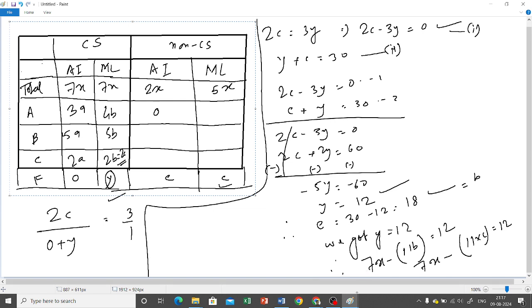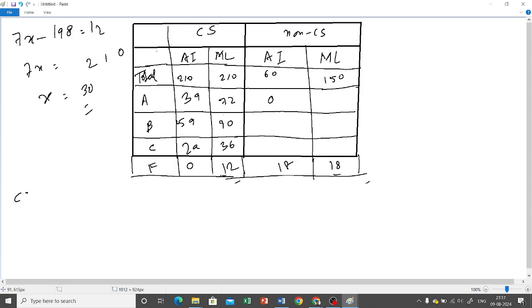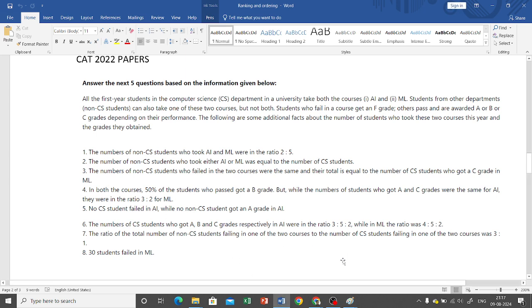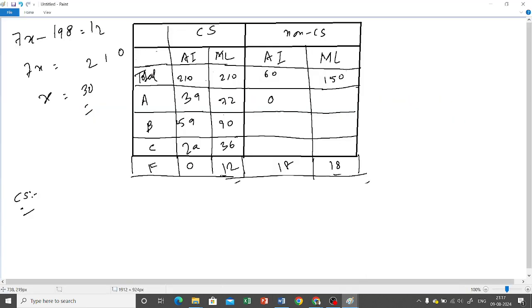So that means for CS, let us take for CS, 50% of the students who passed. So how many students passed? Let us find out the pass.